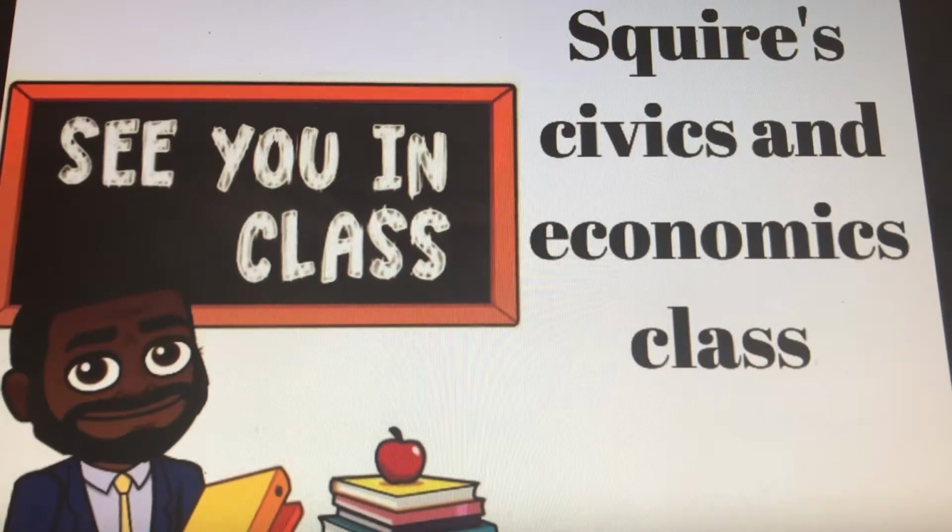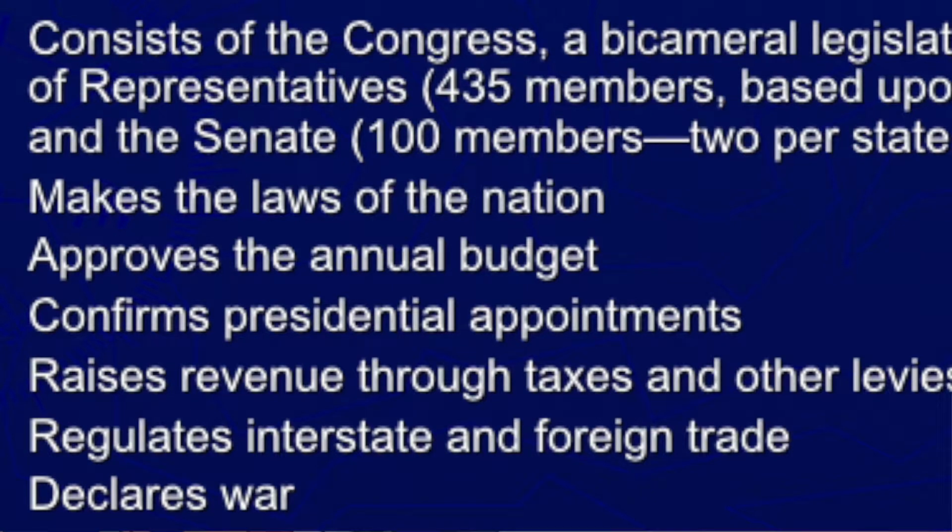Now let's talk about the powers of the legislative branch. The powers of the legislative branch is they have the power to make laws, approve the annual budget, confirm presidential appointments, raise revenue through taxes and other levies, regulate interstate and foreign trade, and declare war.